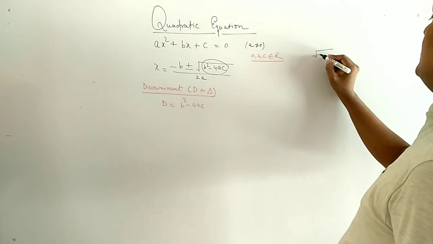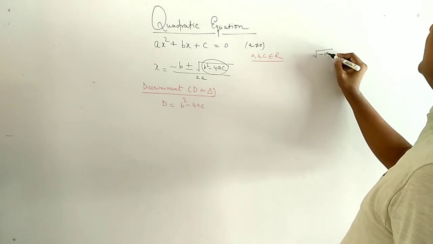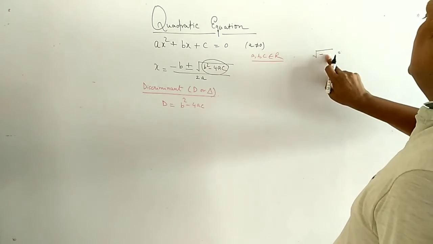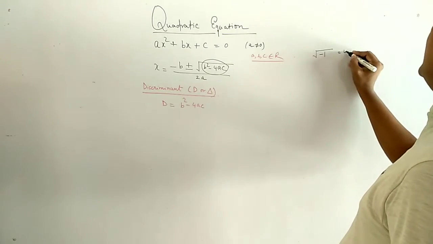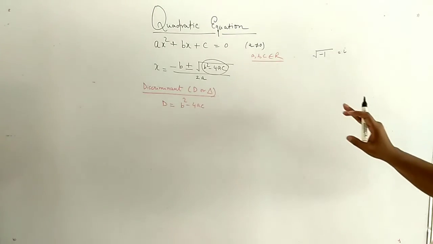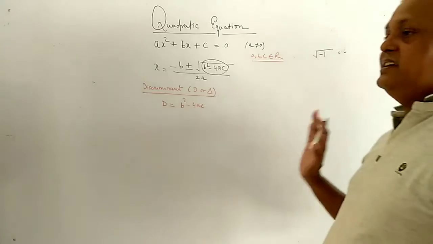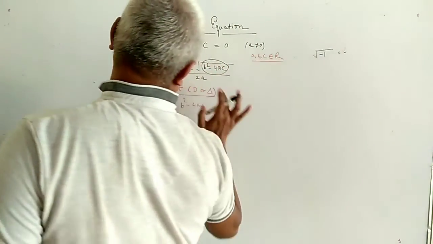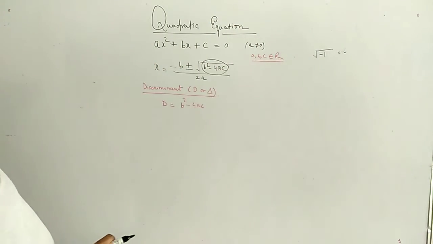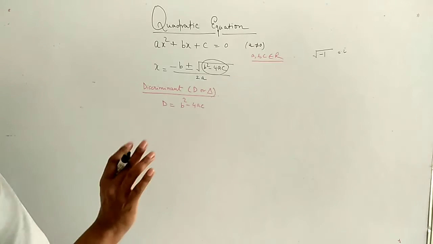A square root of minus 1 we call iota. Then it means that if you want to find the real solution of this quadratic equation, then the quantity b square minus 4ac should always be greater than or equal to 0.